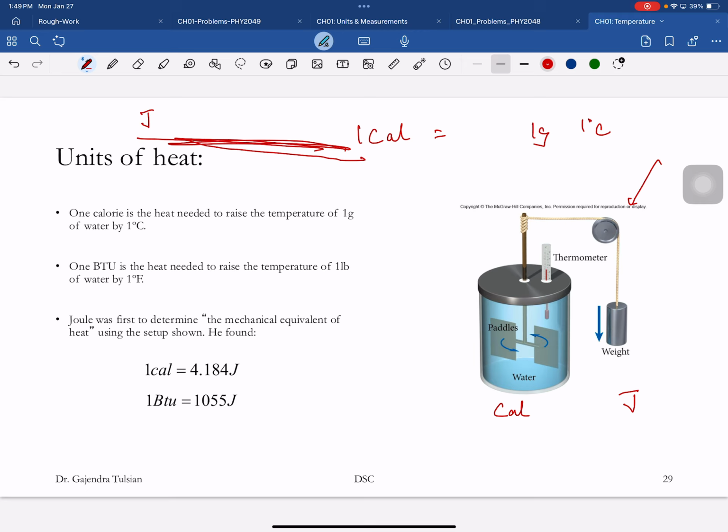And that's how Mr. Joule found out 1 calorie is 4.184 joules. And that's why we named the unit of energy after Mr. Joule. Joule was the first to determine the mechanical equivalent of heat. So that's what this experiment was about.